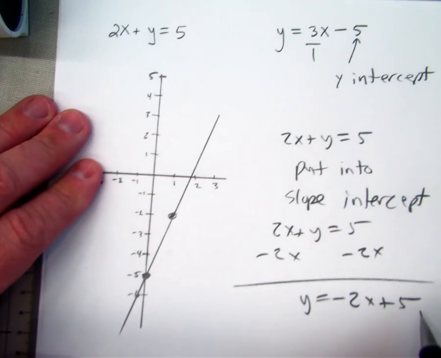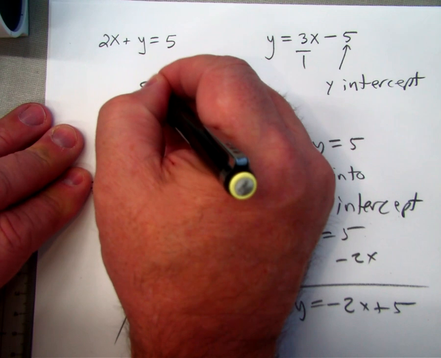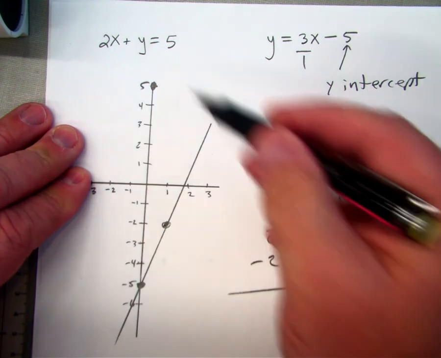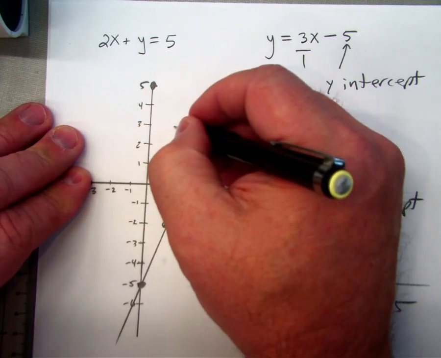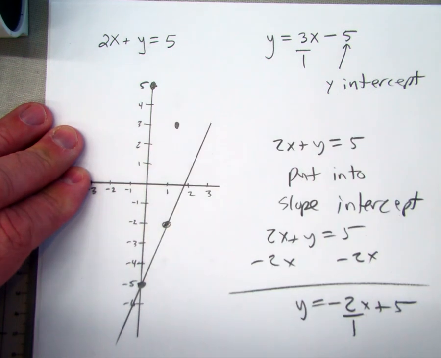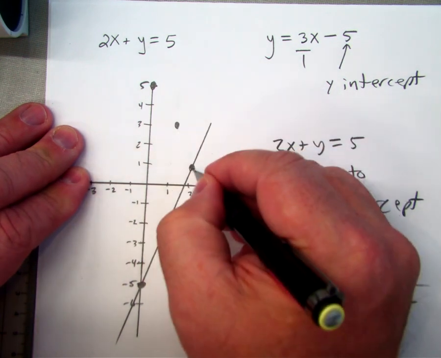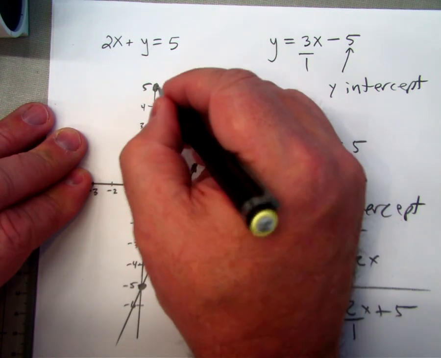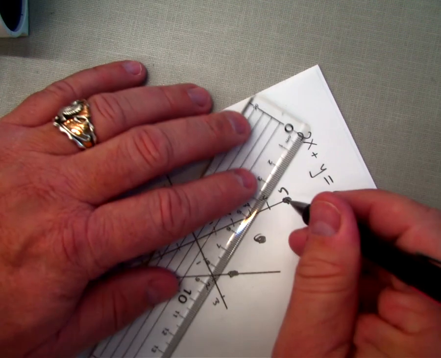The y-intercept then is 5, and the slope is down 2, right 1, down 2, right 1, down 2, right 1. And I can draw my line.